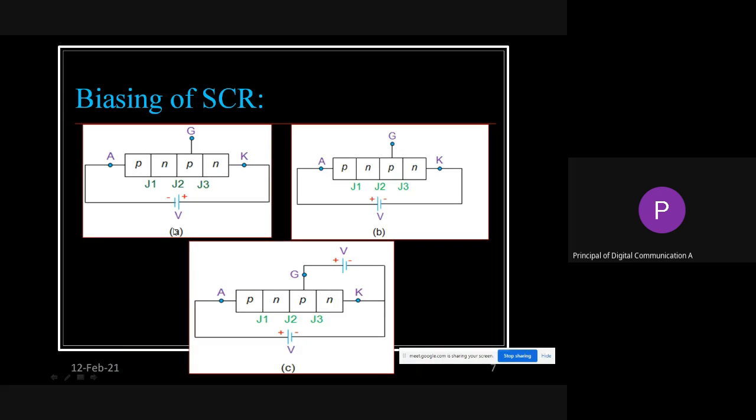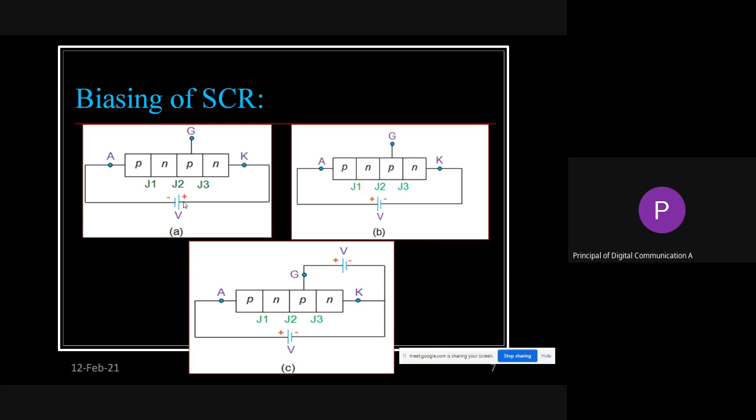So figure A. What is done here? The anode is connected to negative and the cathode is connected to positive. So itself it is telling that it is a reverse. The name for that is reverse blocking mode, because P is connected to negative and N is connected to positive. In this mode, will the SCR be on?